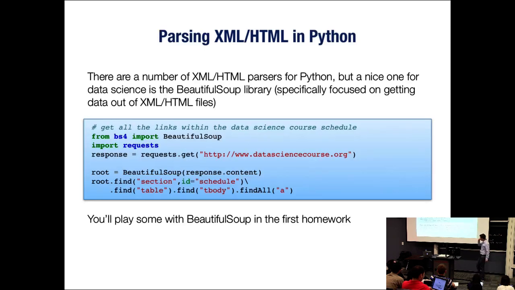So for parsing either XML or HTML, what you will use, at least in the 388 assignment, is the Beautiful Soup library. That's a great name. It's a very nice library too. What Beautiful Soup does is it's a great library for quickly extracting actual information out of XML and HTML.